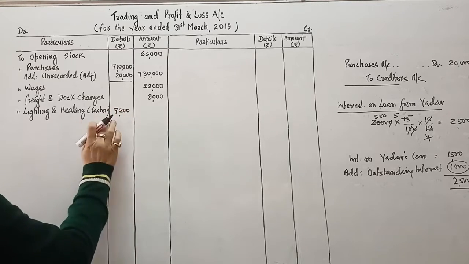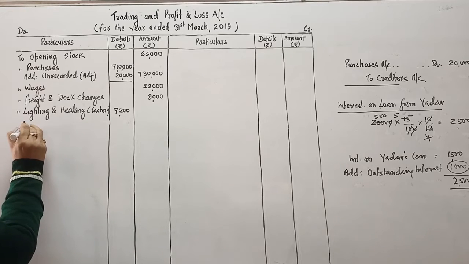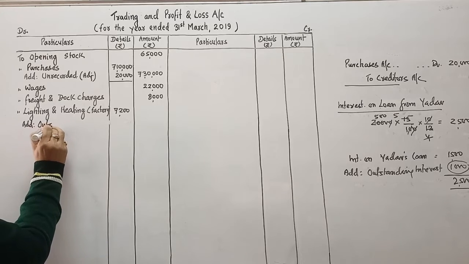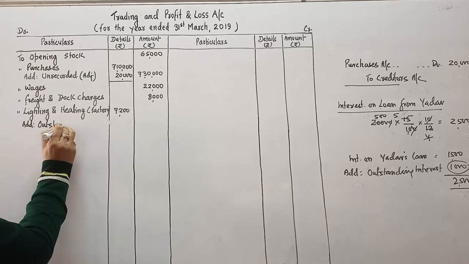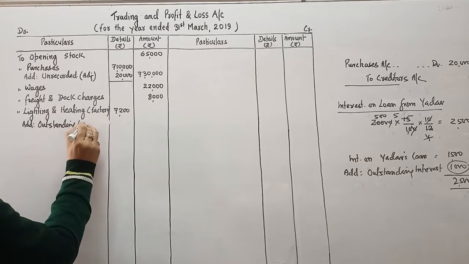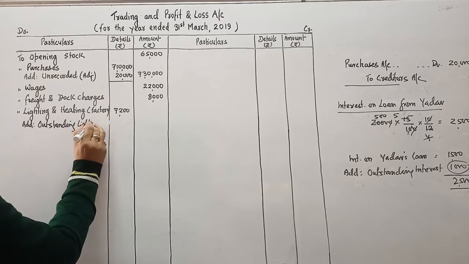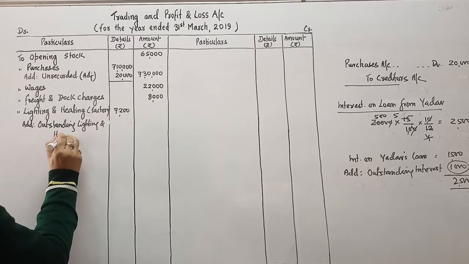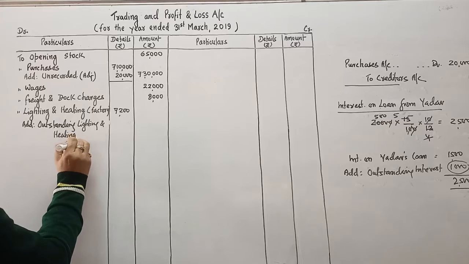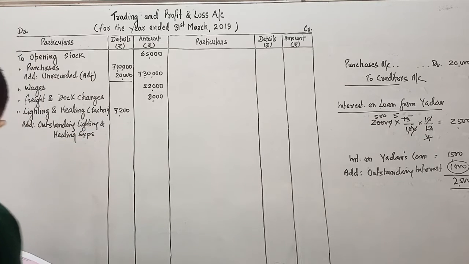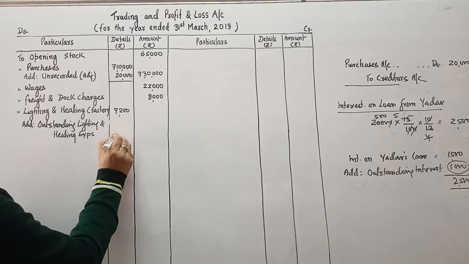You write the amount in the inner column and then you add outstanding lighting and heating expense, which is given in adjustment number 5: 3 months lighting and heating is due.